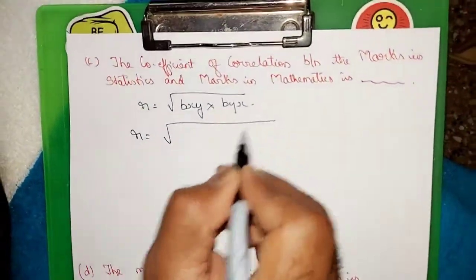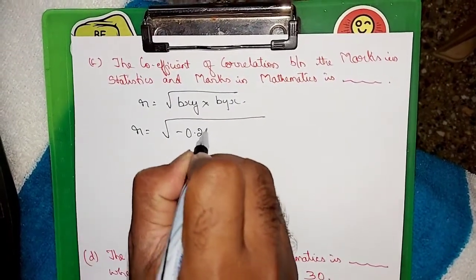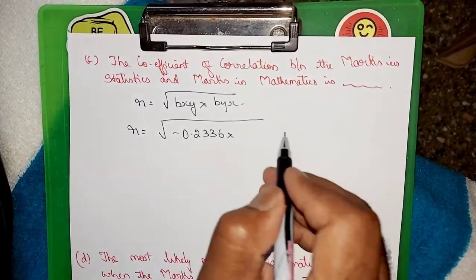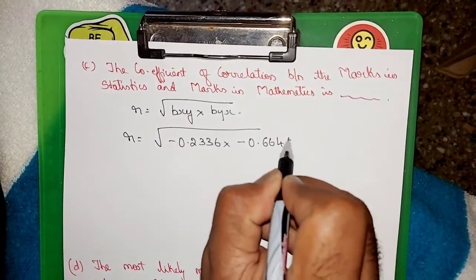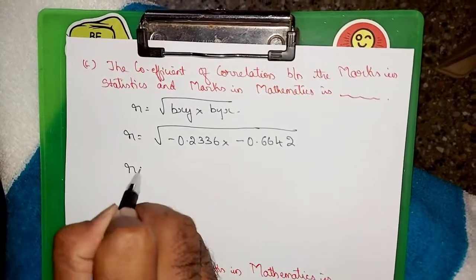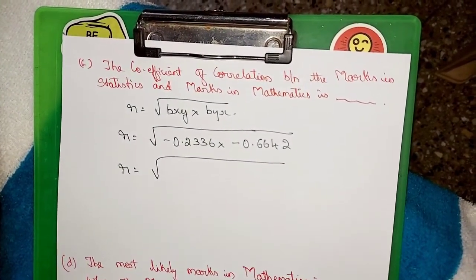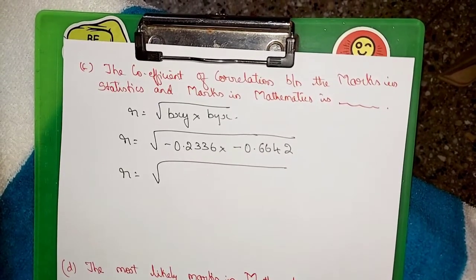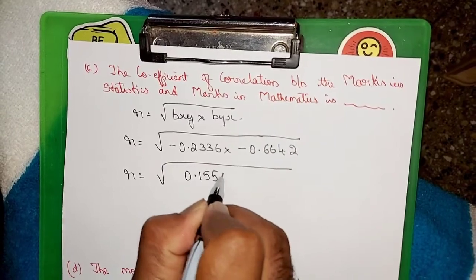R is equal to the square root of bxy, which is minus 0.2336, into byx, which is minus 0.6642. R is equal to the square root of minus into minus becomes plus 0.2336 into 0.6642, which is 0.1551.